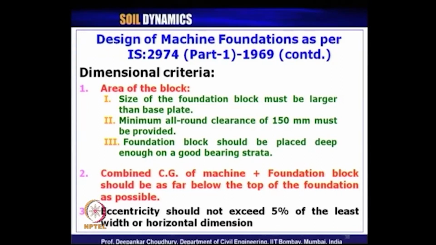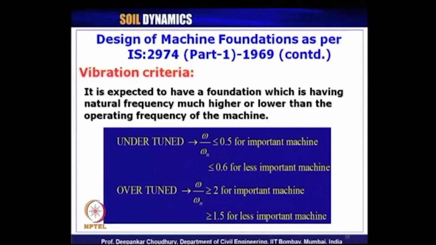That is, whatever is the smallest horizontal dimension of the block foundation you are designing, 5% of that can be the maximum eccentricity allowed for the loads applied on the foundation. Now, let us go to the next criteria, which is vibration criteria.